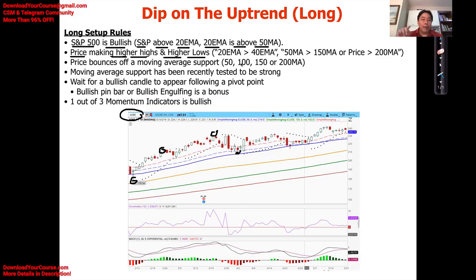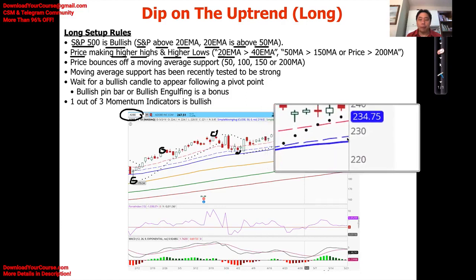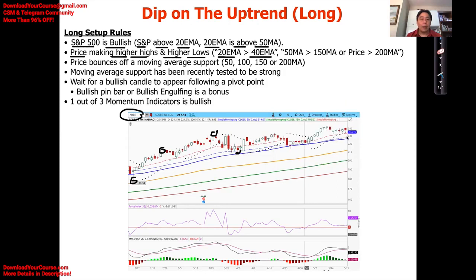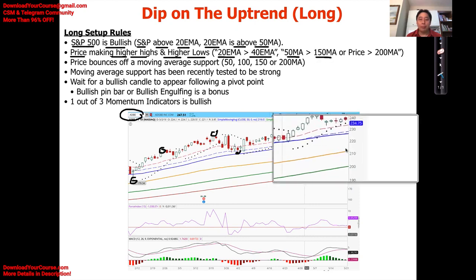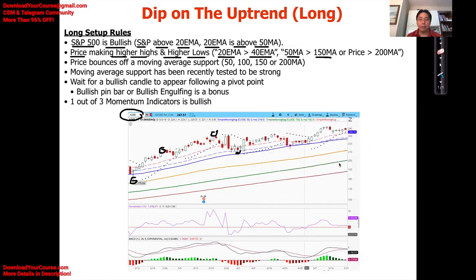Next, we want the moving averages to be in a very, very clear sequence. The 20 EMA has to be above the 40 EMA, right? So over here, the 20 red line is above the 40 blue line. And we want the 50 simple moving average to be above the 150 simple moving average, which is basically this thick blue line above the thick green line.